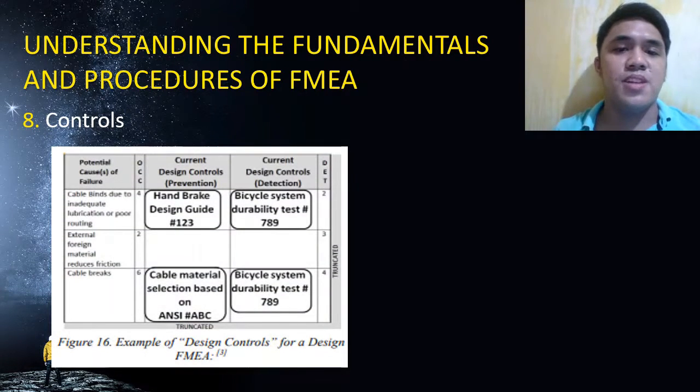For system or design FMEA, prevention type design controls describe how a cause, failure mode, or effect in the product design is prevented based on current or planned actions. They are intended to reduce the likelihood that the problem will occur and are used as input to the occurrence ranking. Only those prevention type controls that are currently planned or already in place should be entered onto the FMEA worksheet. Figure 16 is an example of design controls for design FMEA.